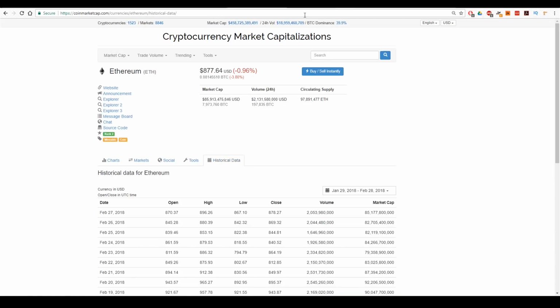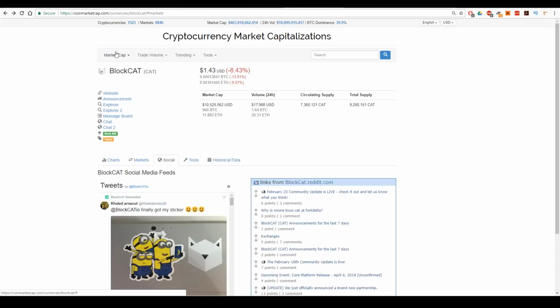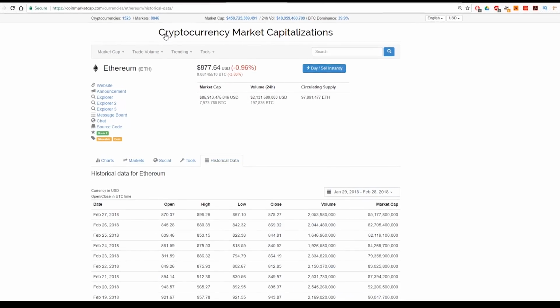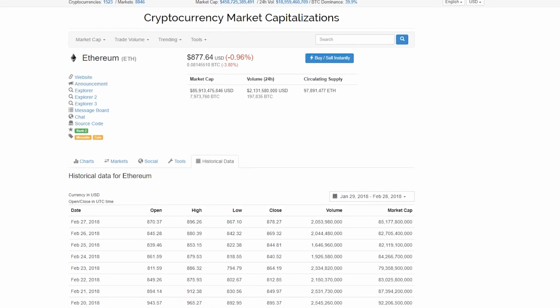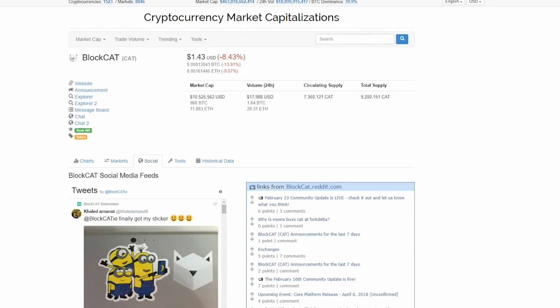Now, just coming over to have another look at BlockCat. This is really an altcoin, just to show you what the explorers for altcoins can actually look like. When you're looking at a blockchain protocol like Ethereum, you're looking directly at the blockchain and what's going on in it, but an altcoin that's been built off Ethereum is quite a bit different.